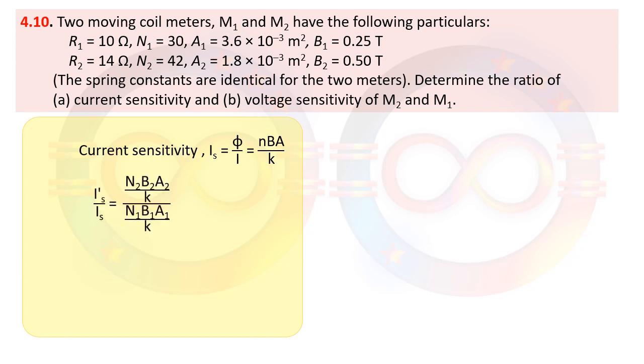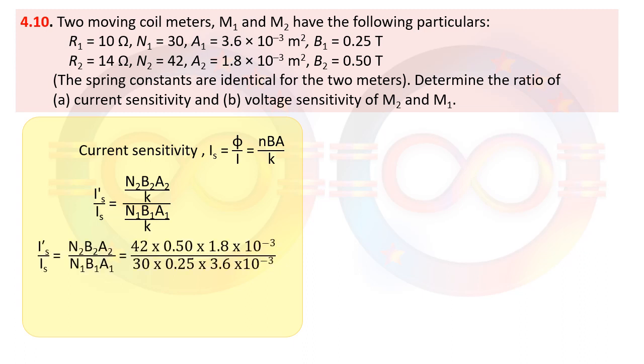So we are taking I dash S, that is the current sensitivity of meter 2, with respect to IS, current sensitivity of meter 1, as N2 B2 A2 upon K upon N1 B1 A1 upon K. So K would get cancelled, and it is N2 B2 A2 upon N1 B1 A1.